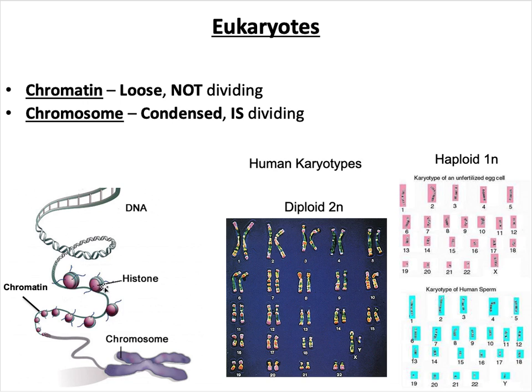What these histone proteins do is coil the DNA around them to condense the DNA, pack it into the state of chromosome. And when the DNA is in the state of chromosome, that's when the cell is about to divide.